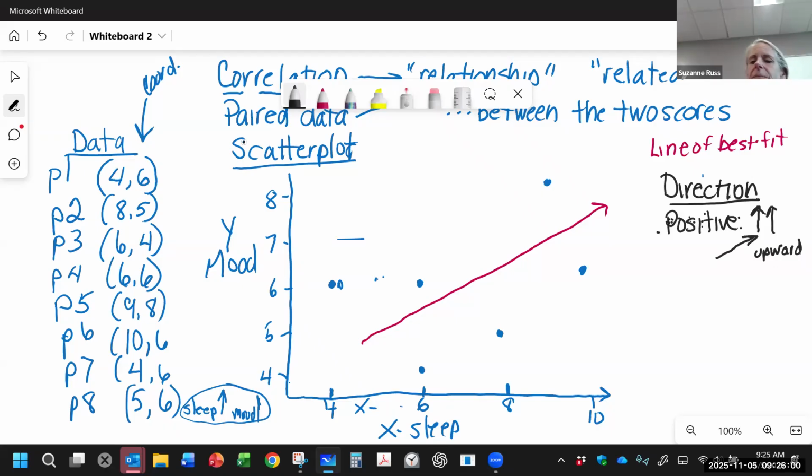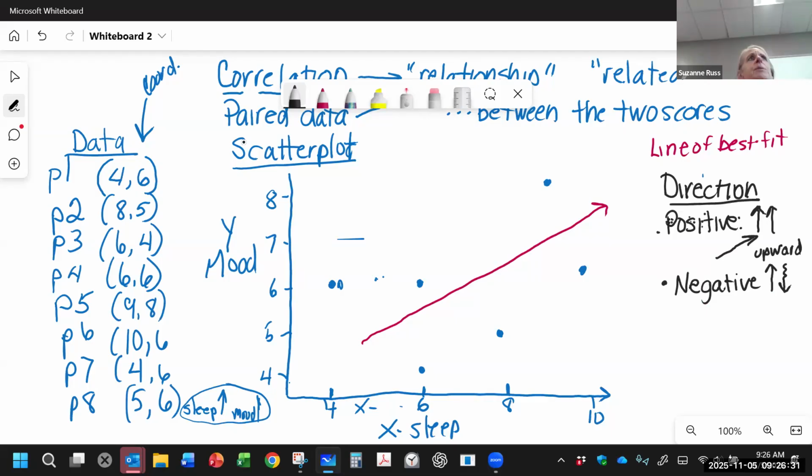We might, in some cases, have a negative relationship, which in this context does not mean bad. It just means as one variable increases, the other decreases. And so, we might have hours of sleep increasing, and what might decrease as hours of sleep increase?